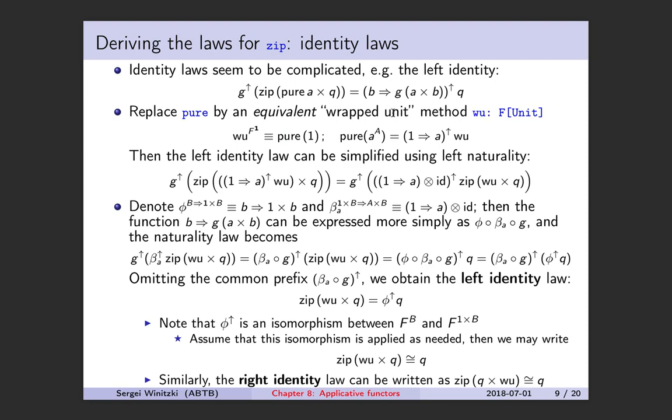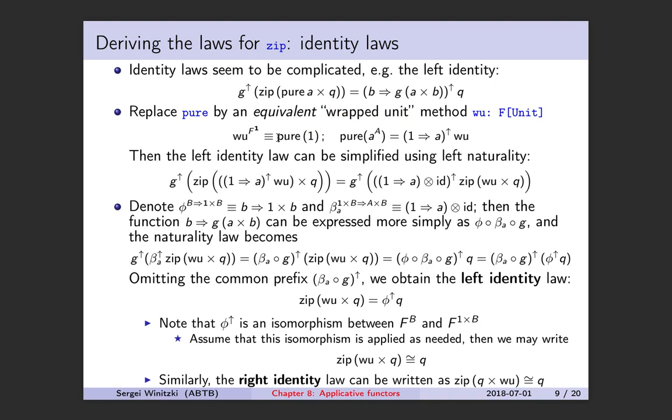It's a unit that's wrapped in the type constructor f in some way. So with empty effect. So it's an empty value unit wrapped in an empty effect. So that's why I called it wrapped unit. Now it's a pure of 1.